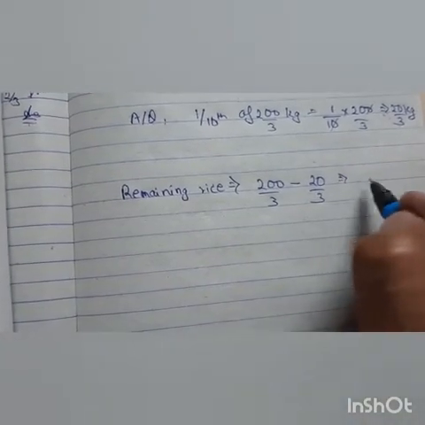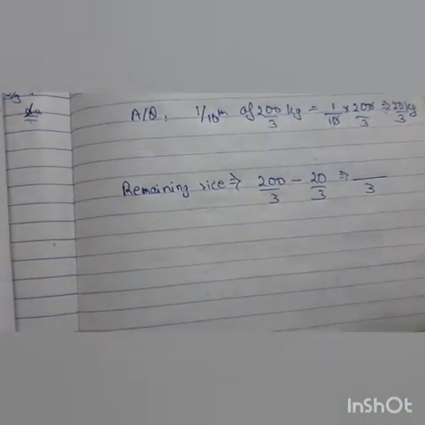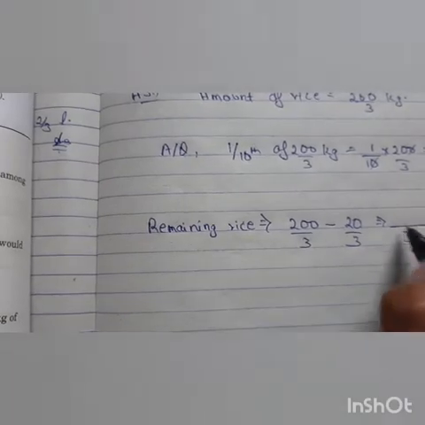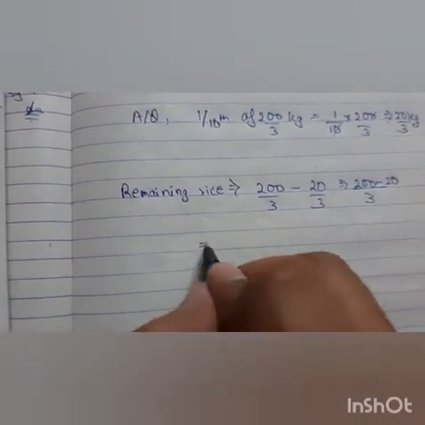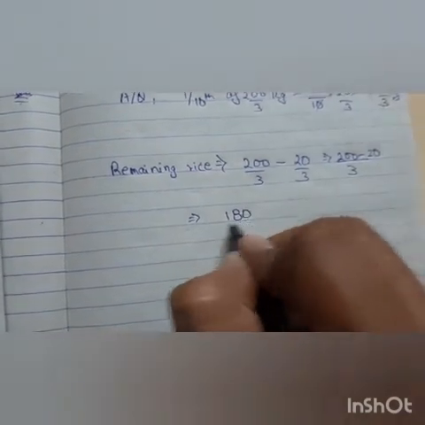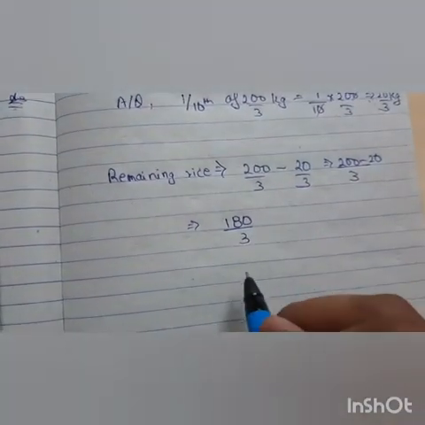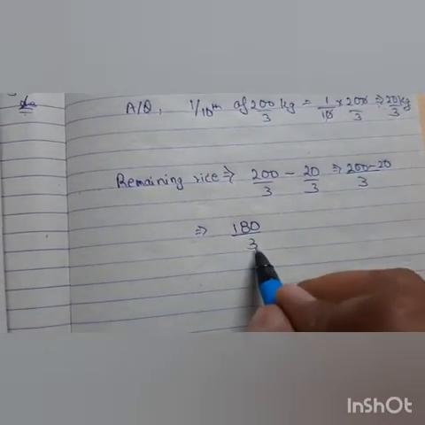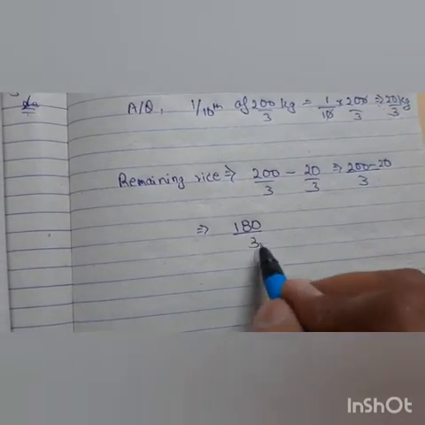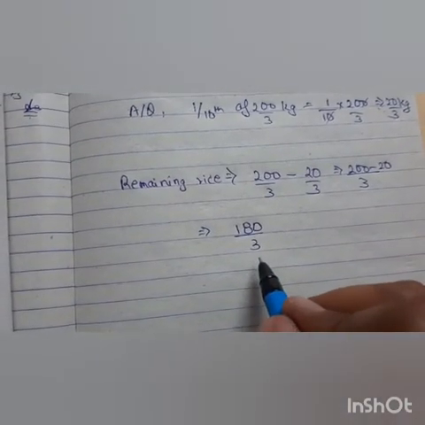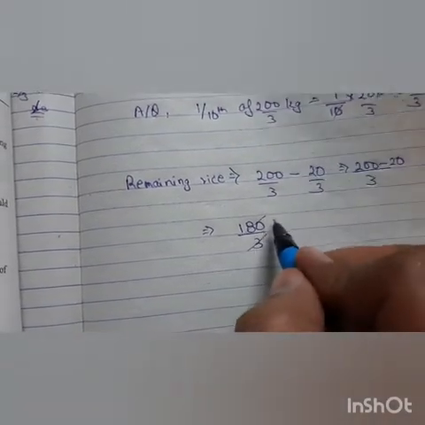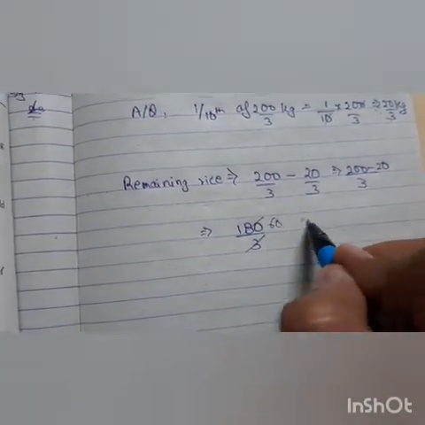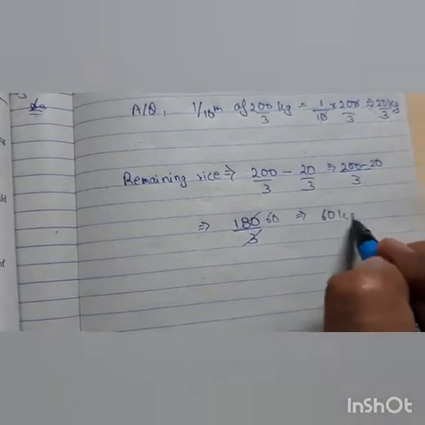Now the denominator is the same, so 180 by 3. Now how to divide it? Can 180 be divided by 3? Yes, because as per the divisibility rule, it will go. 3 into 6 is 18, and 0, that means 60 kg of rice.